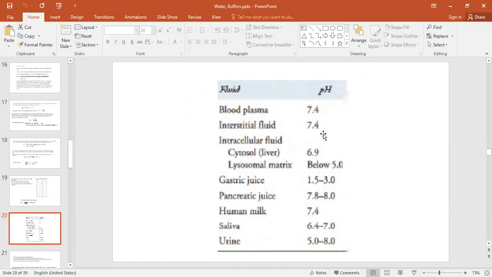Interstitial fluid pH, cytosol pH, which is near 7, lysosomal matrix, which is below 5, gastric juice pH, which is 1.5 to maximum 3, pancreatic juice 7.8 to 8, saliva that is 6.4 to 7, and urine pH varies from 5 to 8.